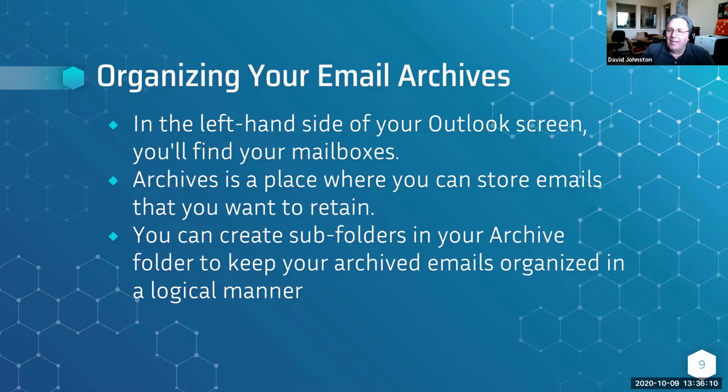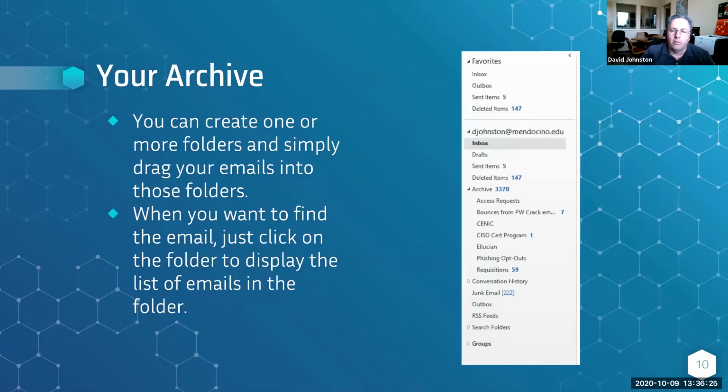So one way to get there is to have an archive. Emails that you think you're going to need later, you can store in the archive, and then you can pull them out. The nice thing is you can create subfolders in that archive, so you can have different folders for different kinds of emails, and you can store them in a logical manner. Here's what my Outlook looks like, and I have a number of folders there in the archive.